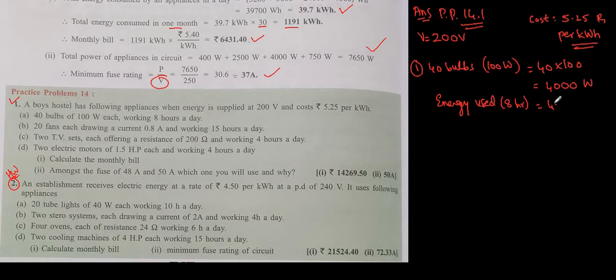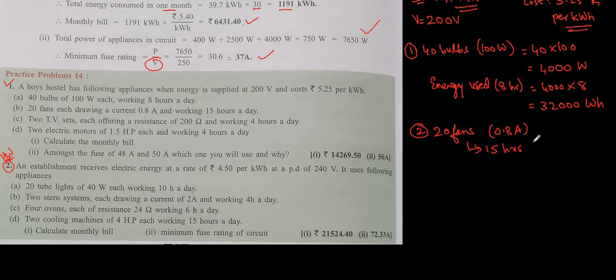So that means 4,000 multiplied by 8, so it becomes 32,000 watt hour. Number 2, 20 fans drawing this much amount of current working for 15 hours. How many fans are there? 20 fans. So write down 20 fans. How much current are they using? They are using 0.8 ampere current, and working for how many hours? 15 hours.